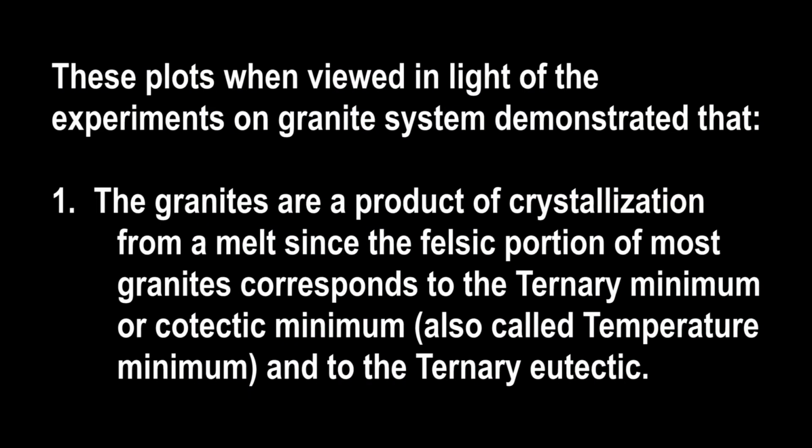These plots, when viewed in light of the experiments on the granite system, demonstrate that, first, the granites are a product of crystallization from a melt, since the felsic portion of most granites corresponds to the ternary minimum or cotectic minimum, also called temperature minimum, and to the ternary eutectic.